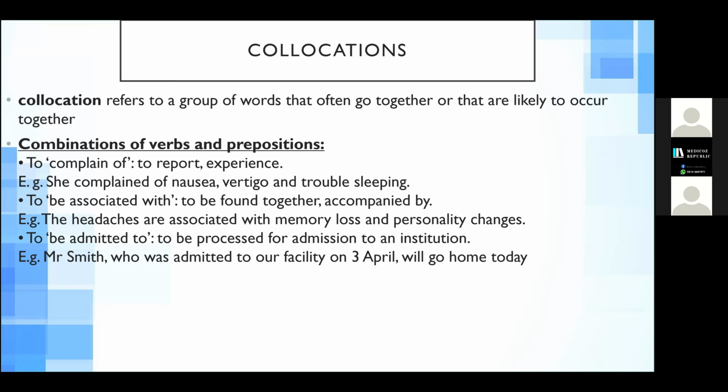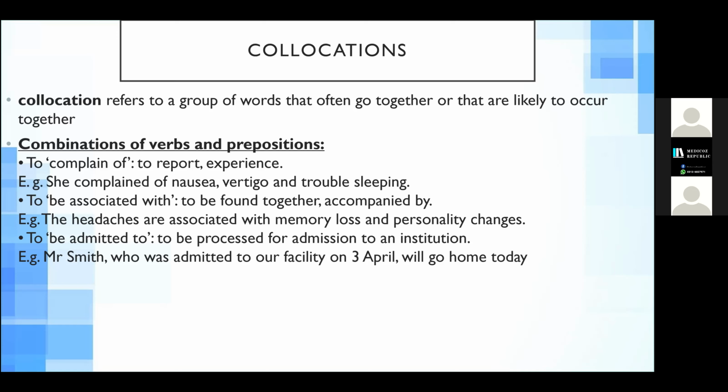So let's look at some of the examples. While using collocations in OET letters, we use combinations of verbs and prepositions. And putting in the correct prepositions is actually the goal to achieve good marks in OET. The very common ones are here, like to complain of. In general English vocabulary, we use to report or experience.